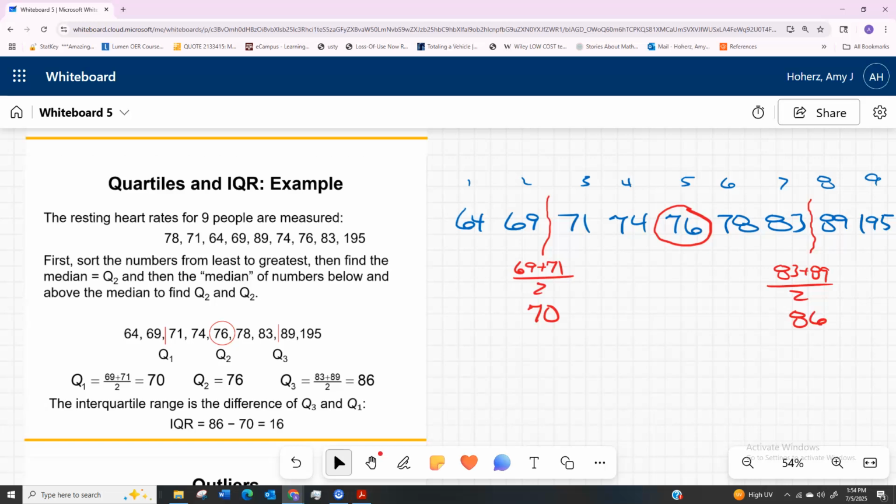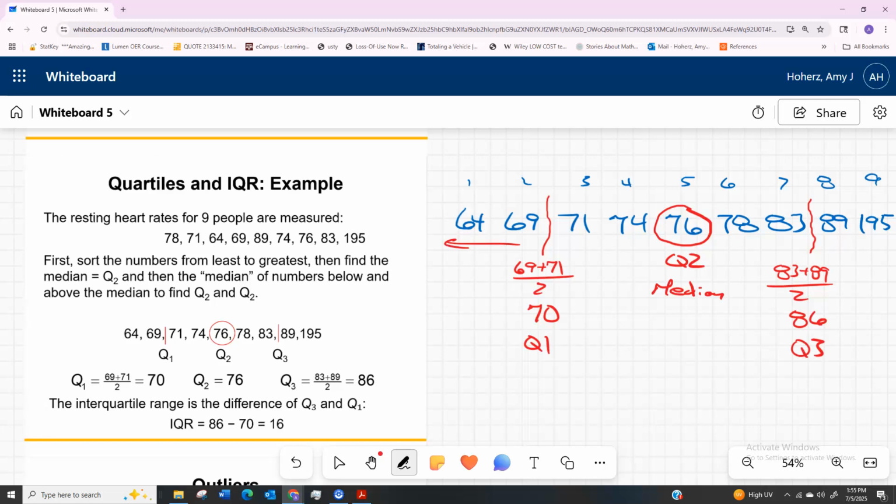So what does that mean? Well, that means that the Q2, or better known as the median, is 76. That means that the Q1 is 70, and that means that the Q3 is 86. So a quarter of the data falls below the Q1.